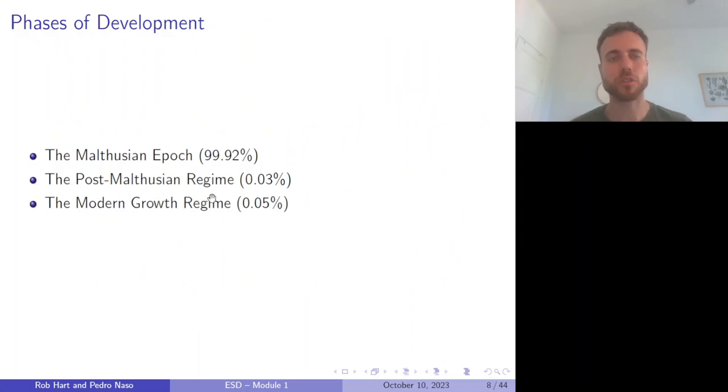Then there was the post-Malthusian regime, which is the first phase of increase in world population, life expectancy, and income per capita. And more recently, we have the modern growth regime, which is after the Industrial Revolution, from the Industrial Revolution to today, which is this exponential curve that I showed you before.